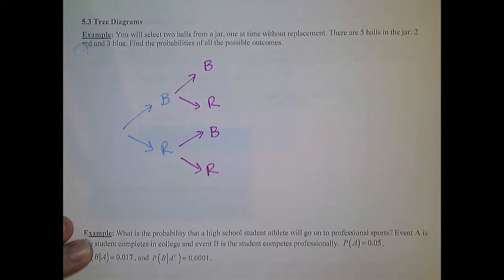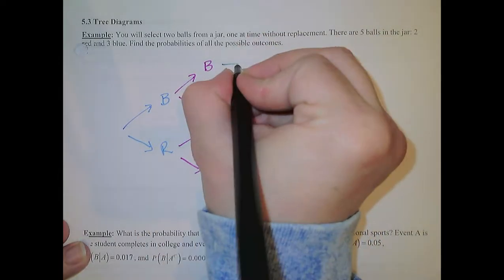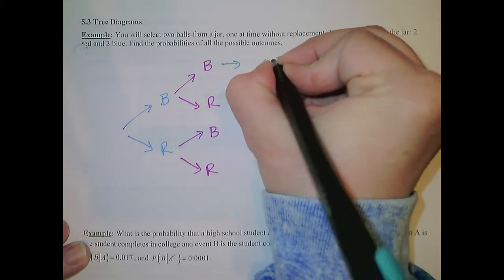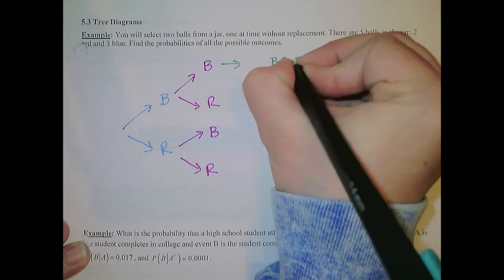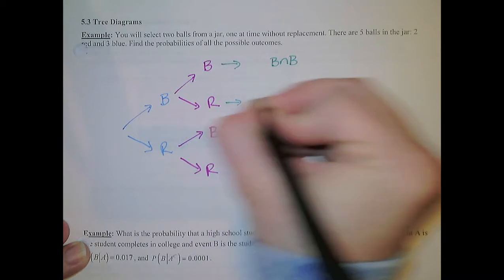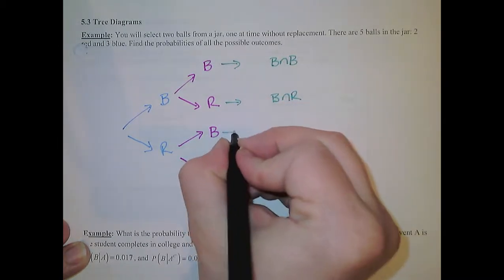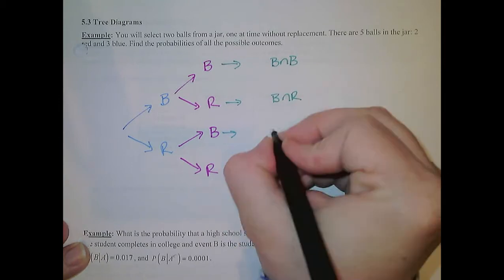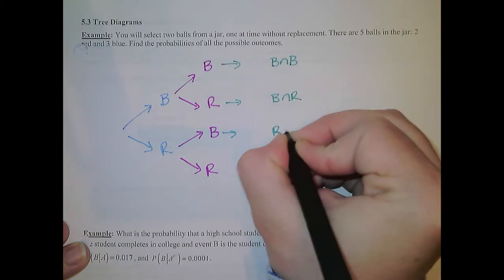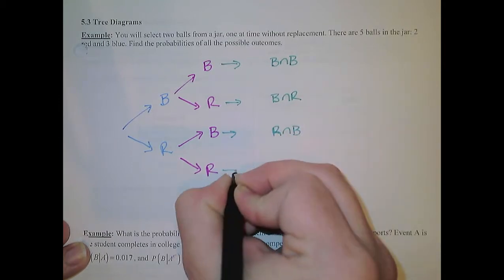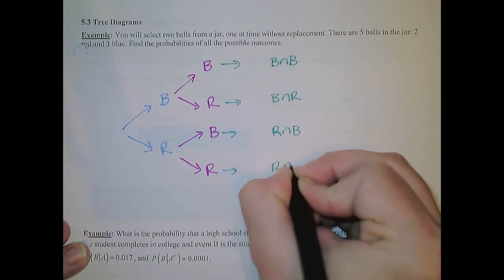So all of my possible outcomes: I could have a blue and then another blue. I could have a blue on my first draw and then a red. I could have a red on my first draw and then a blue, or I could have a red on my first draw and a red on my second draw.